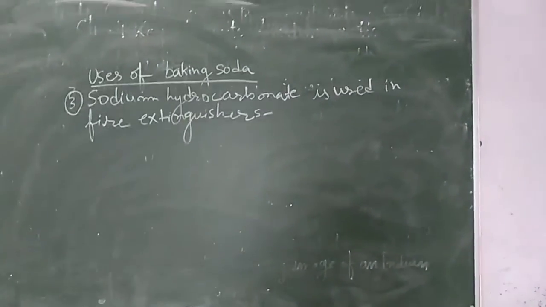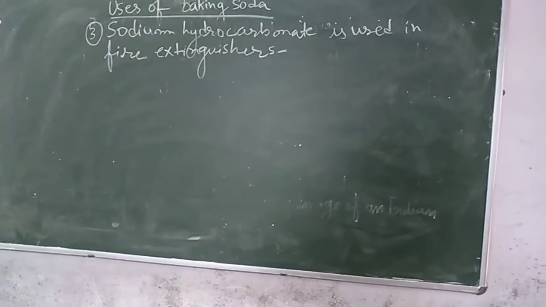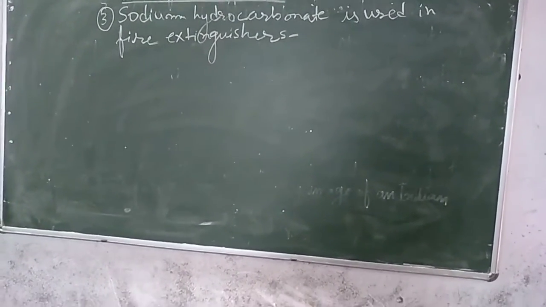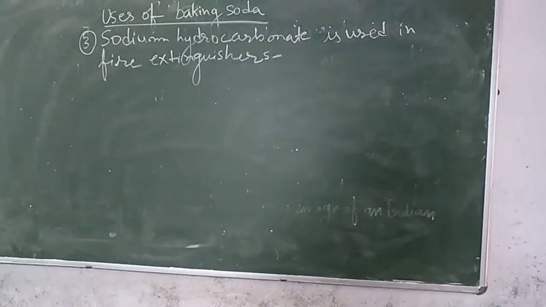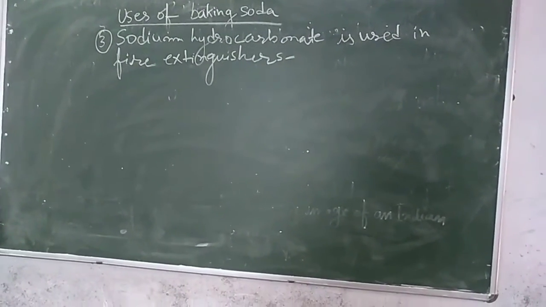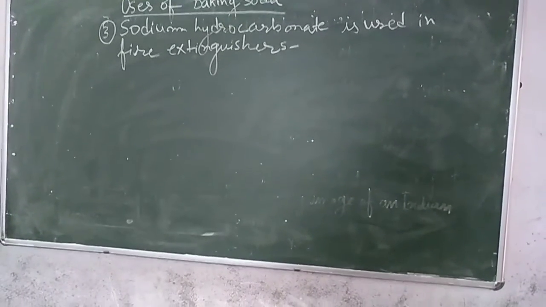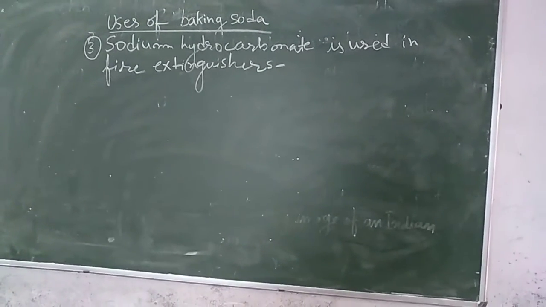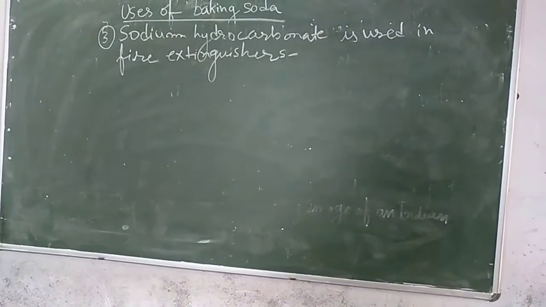Baking soda is also used in fire extinguishers. In a fire extinguisher, sodium hydrogen carbonate and sulfuric acid are present in separate containers. When the knob of the fire extinguisher is pressed, then sulfuric acid mixes with the sodium hydrogen carbonate solution and carbon dioxide gas is produced.